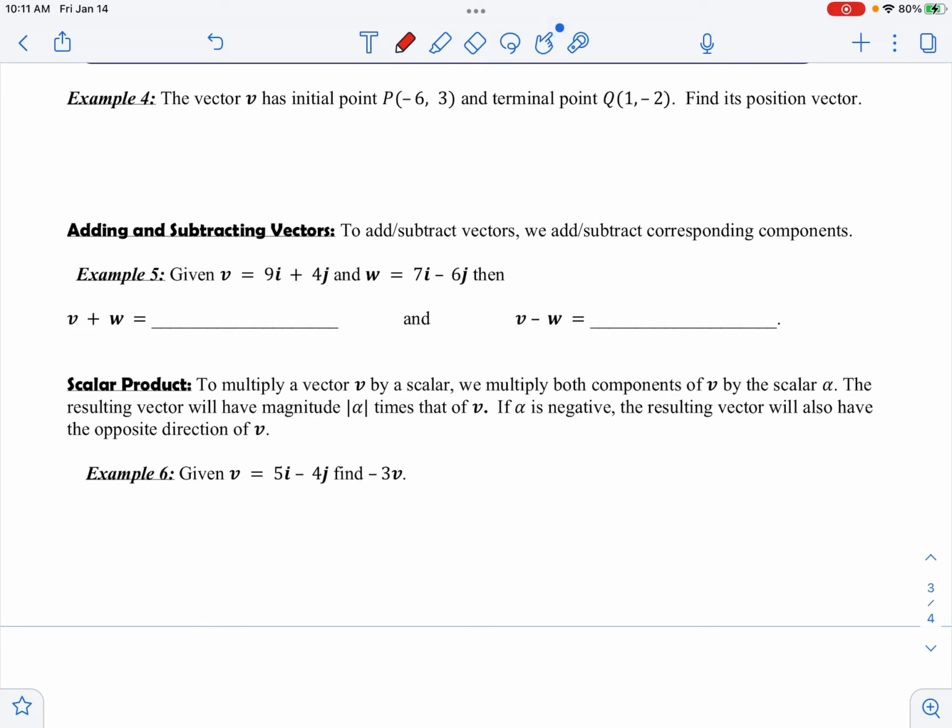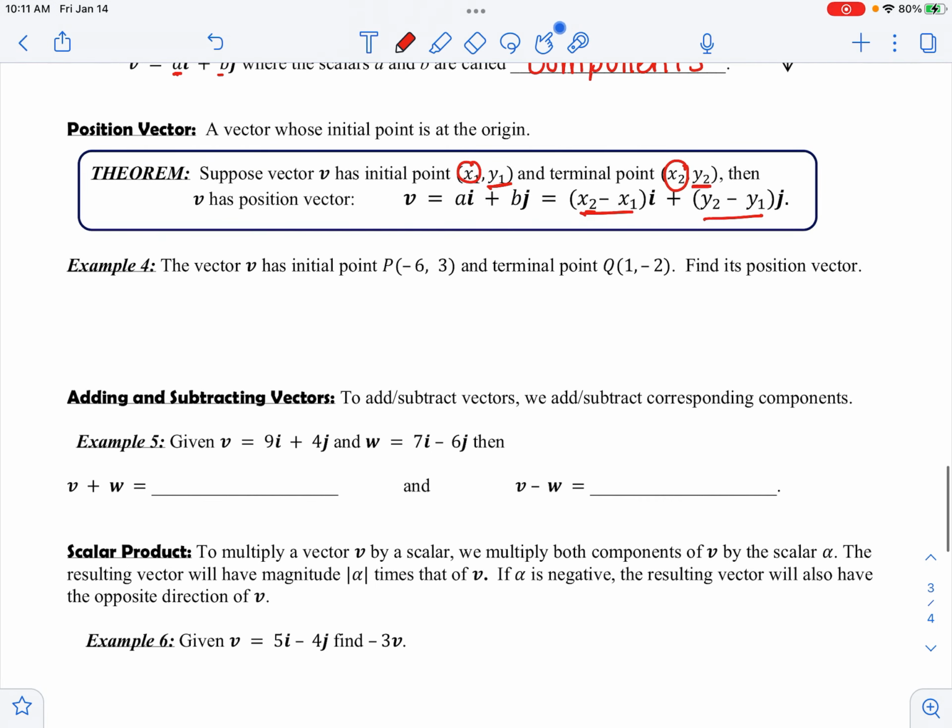Example 4 says the vector v has an initial point at (-3, 6) and a terminal point at (1, 2). Find its position vector. To find the position vector, we just have to use this formula right here. To get the a value, we take the x values and subtract them. This is x1, y1, and this is x2, y2.